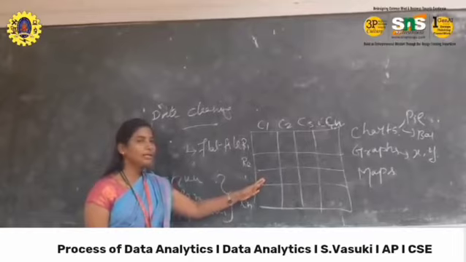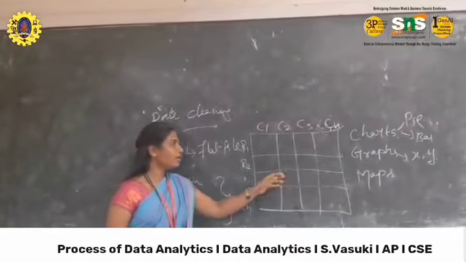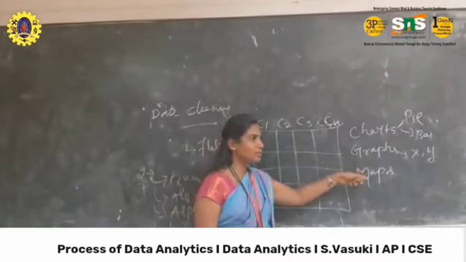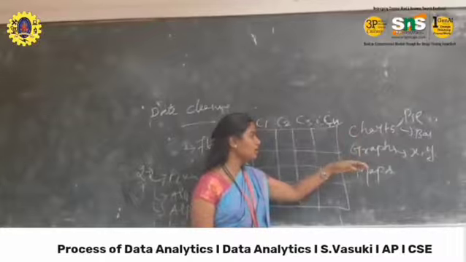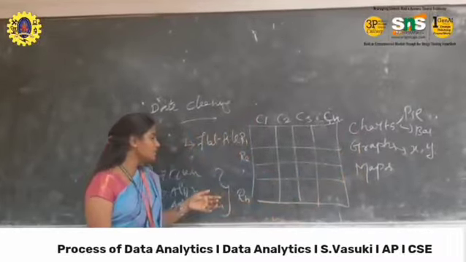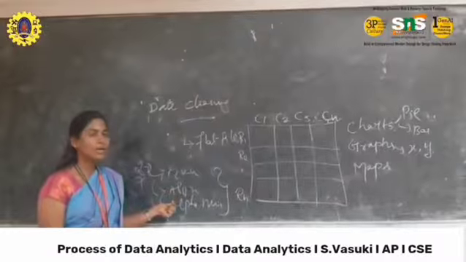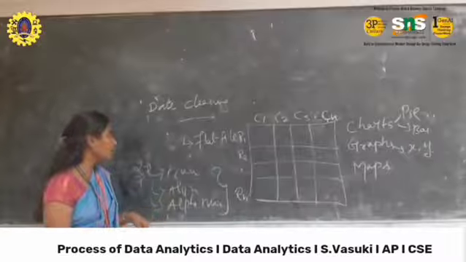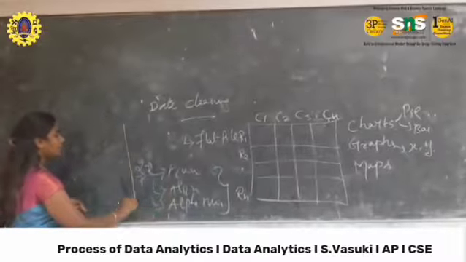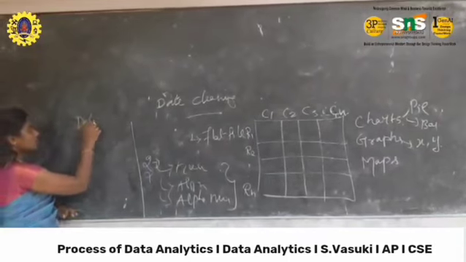This unordered data will be converted into ordered data. Then I move on to the pictorial representation, which may be present in a chart, graph or map format. These are the three types of data analytics, which we use in the data analytical report.